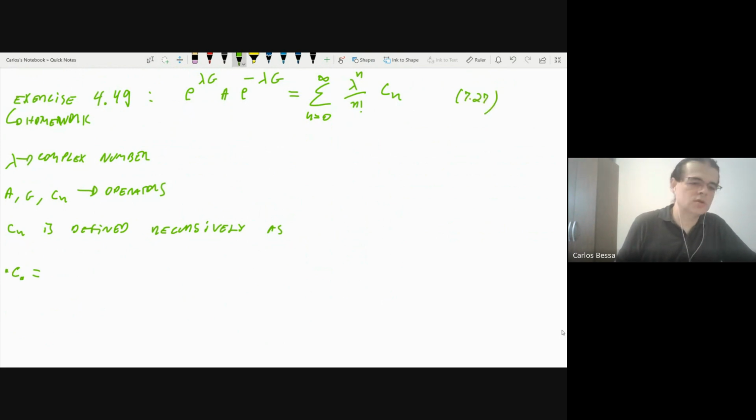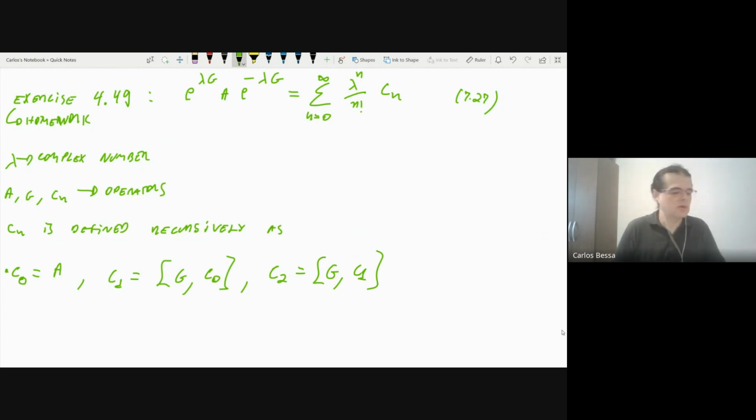C1 is just the commutator of G and C0, in this case A. C2 is the commutator of G and C1, and you see that we are having the usual Baker-Campbell-Hausdorff formula.